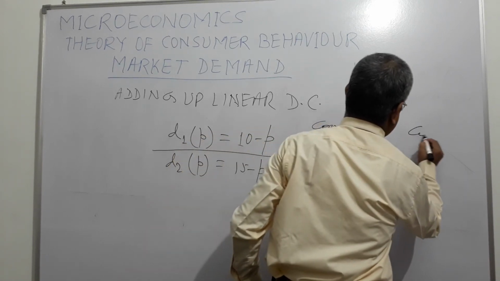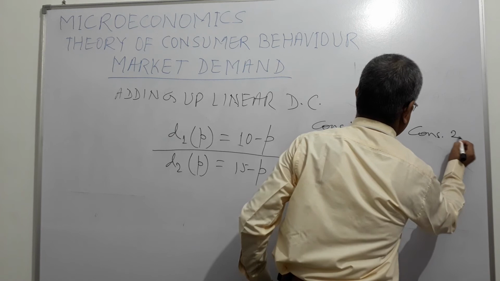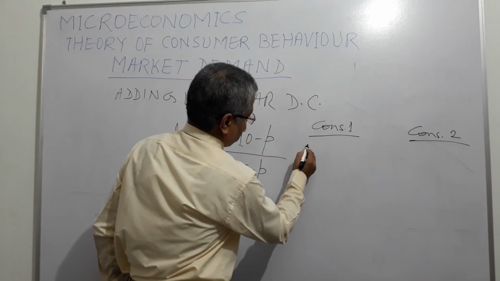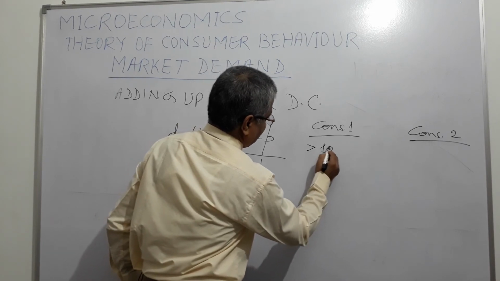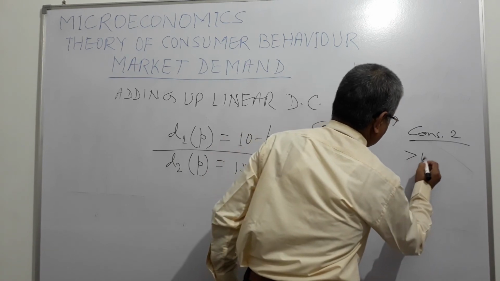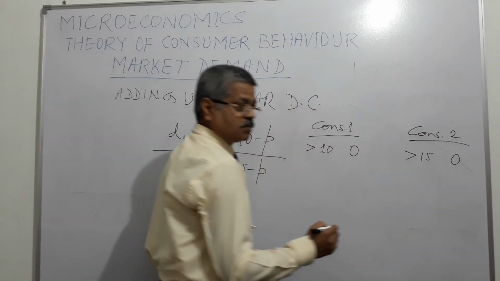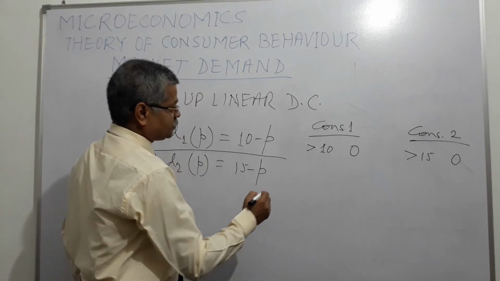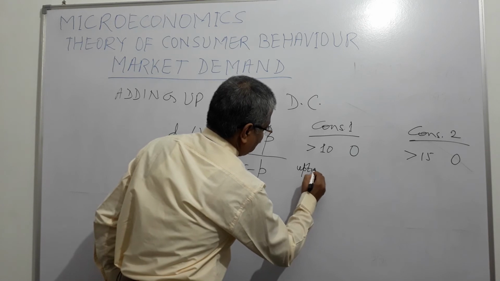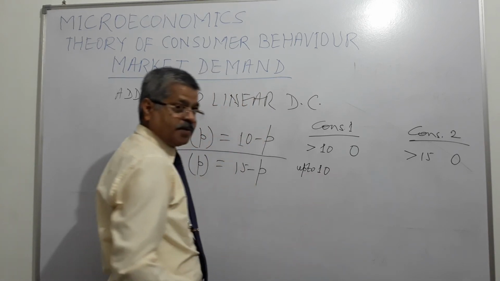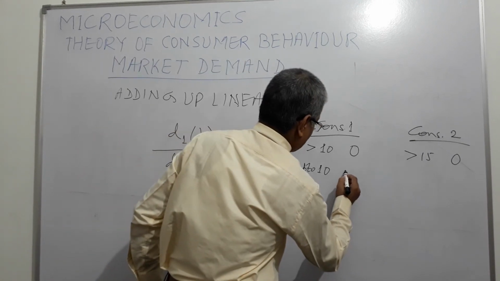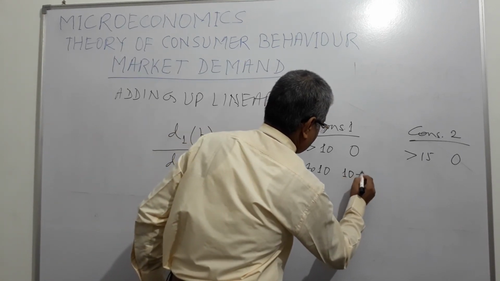Let me write it down. Consumer 1, consumer 2. More than 10, 0. More than 15, 0. Up to 10, what is the demand? 10 minus p.